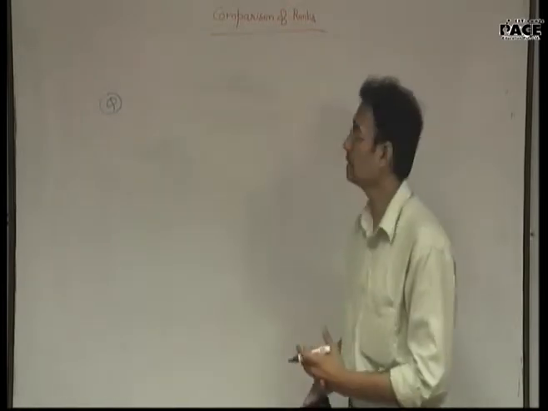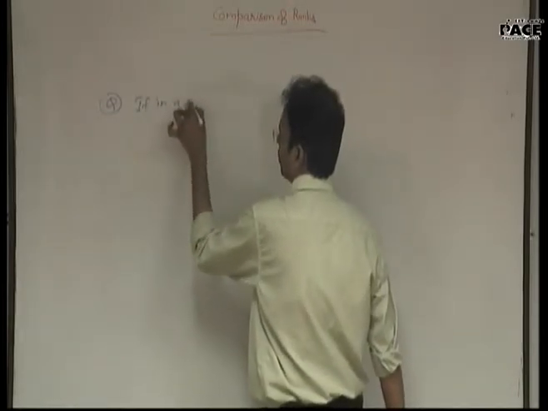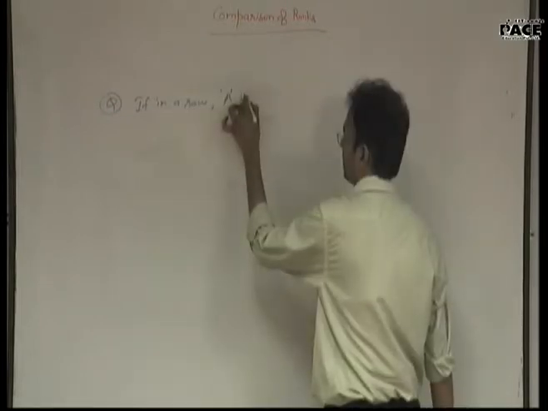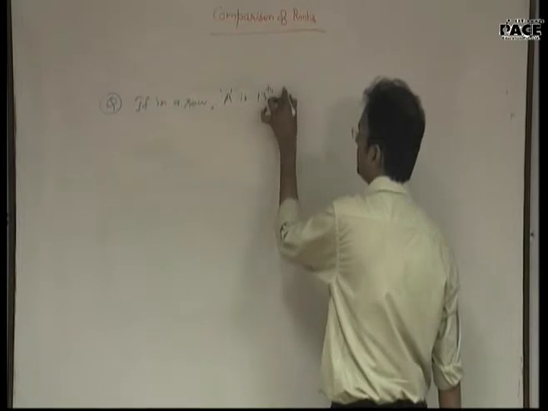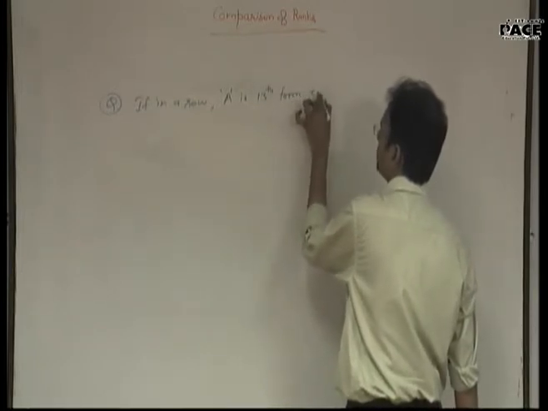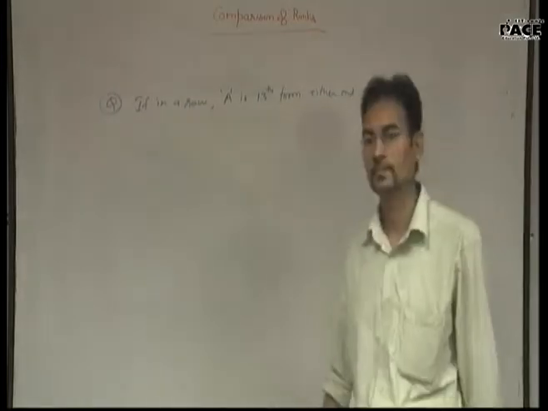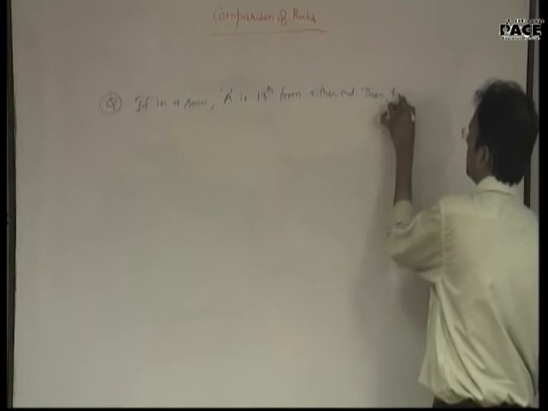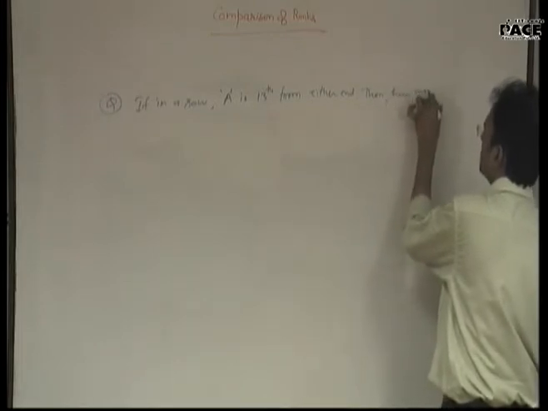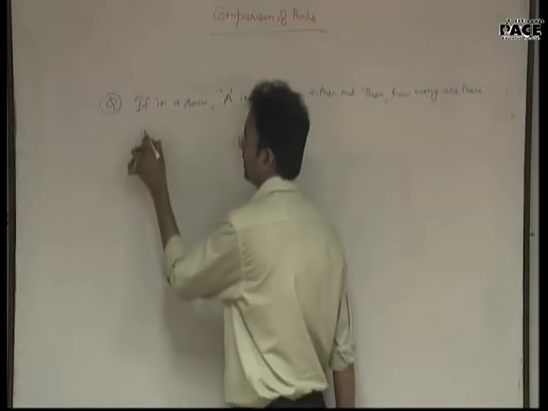Another example we can take: if in a row A is 13th from either end, then how many are there in the row?